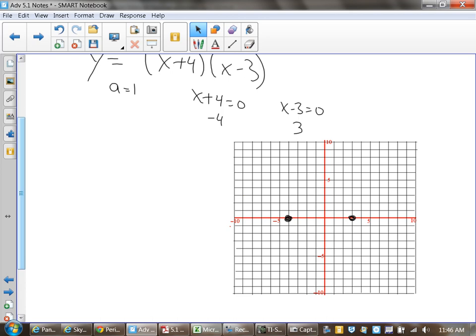Will the vertex of this quadratic be above or below the x-axis? It's below, because it's up like a cup since A is positive. I know my vertex is going to be a minimum; I just don't know where it is. But I do know I have two endpoints that have to be equidistant to what?